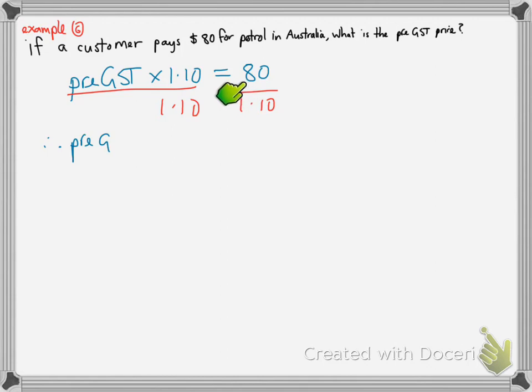So the 80 incorporates the pre-GST price as well as the extra 10%. Again, we have an equation and we can divide both sides, in this case, by 1.10. In that case, we get the pre-GST price as 80 divided by 1.10, which is $72.73. And that's where we'll leave it.